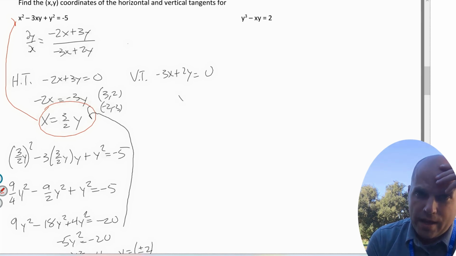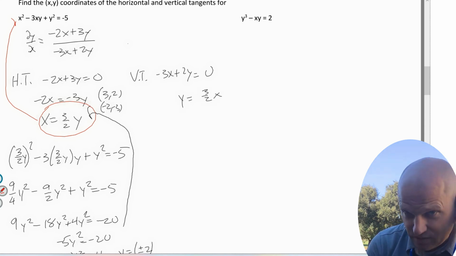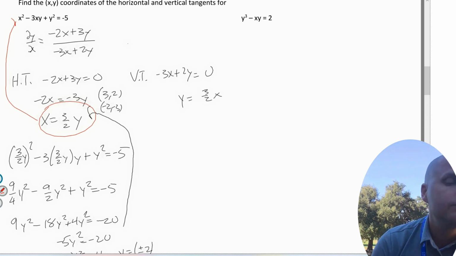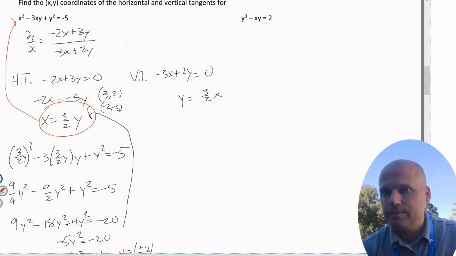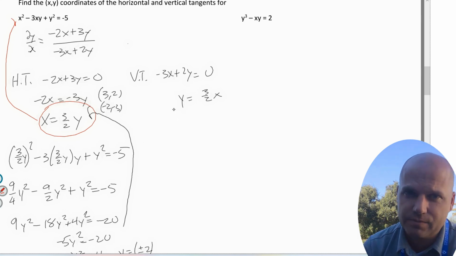If you solve for y, 3/2 x, you probably get the same thing. I honestly don't want to do this, but I'll do it.